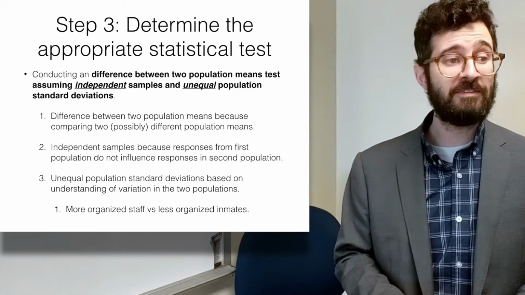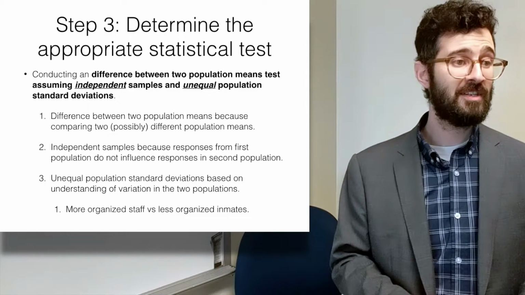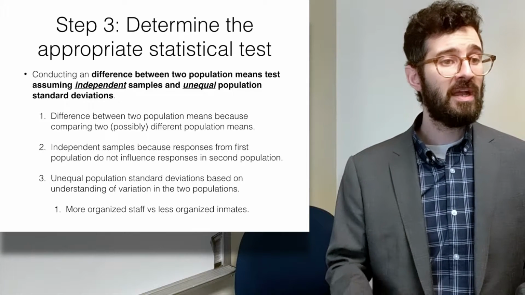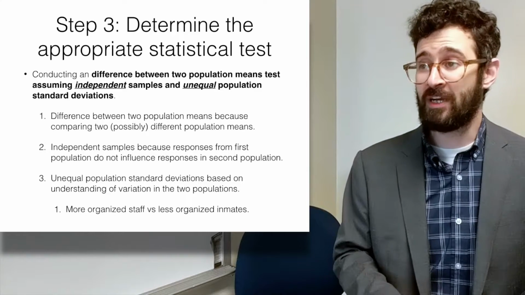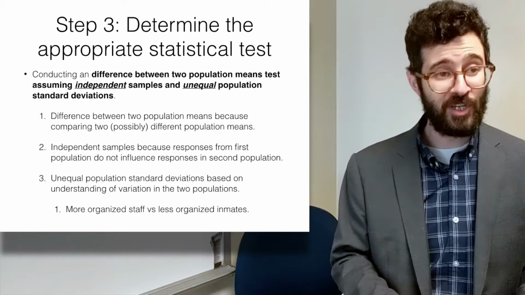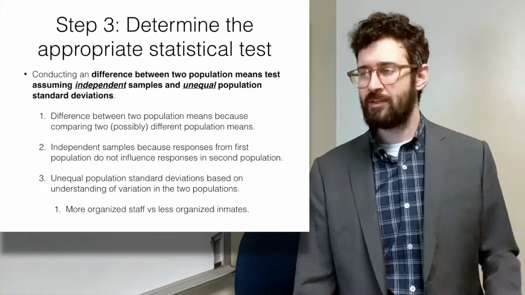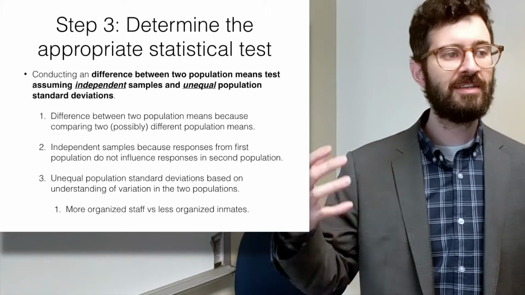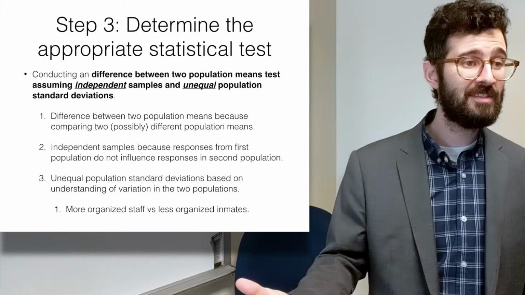They all receive training within the same state for the same ways of being a correctional officer. And they work together. They have meetings. They talk about what's going on. They strategize. They try to act as one. So based off of this argument, I argue that the population standard deviations for these two populations are different.